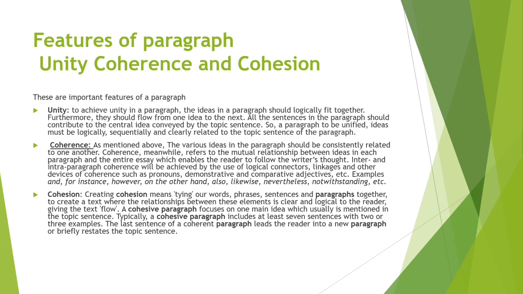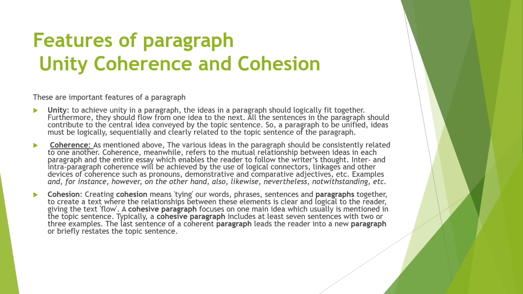Now let's go to cohesion. Creating cohesion means tying our words, phrases, sentences, and paragraphs together to create a text where the relationship between these elements is clear and logical to the reader, giving the text that same flow that we've talked about.